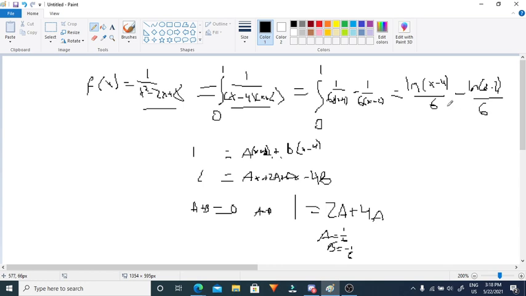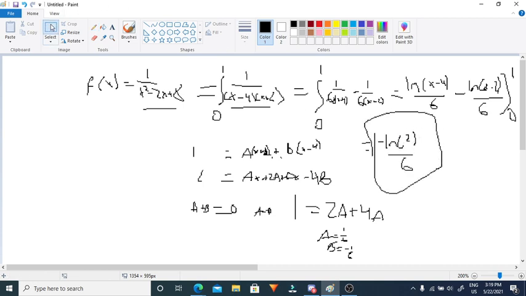And we're going to plug in 1 and 0. We know how to do the integral, so I'm just going to skip writing down all that work. And once you evaluate it, it's going to come out to negative ln of 2 over 6. That's our final answer.